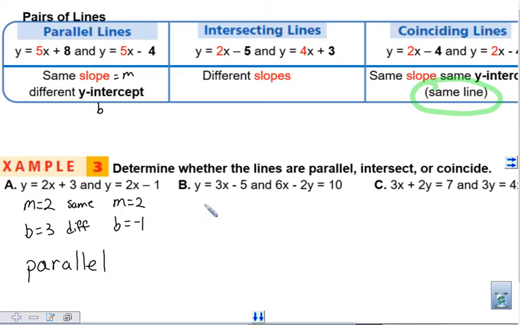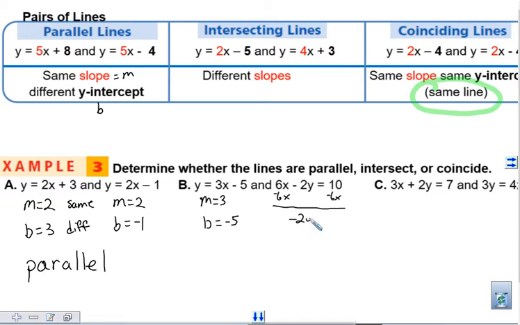Our next one is already in slope-intercept form. Our slope is 3. Our y-intercept is -5. Our next one is not in y-intercept form, so we need to change it. We need to subtract our 6x from both sides.